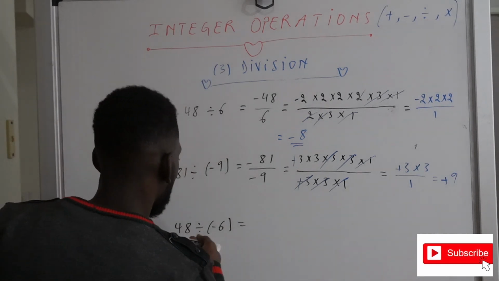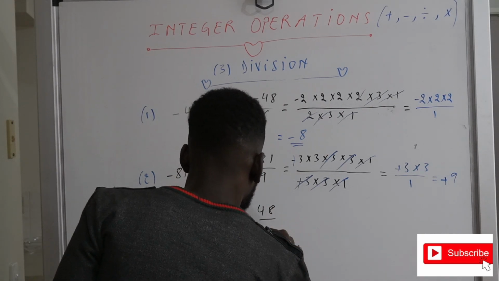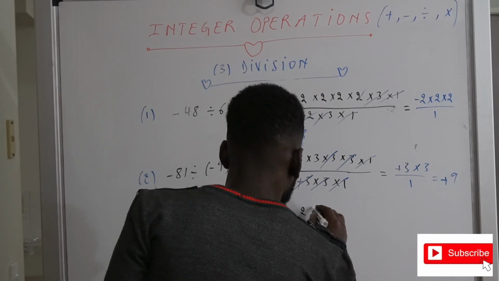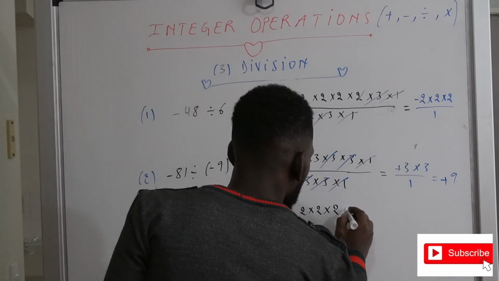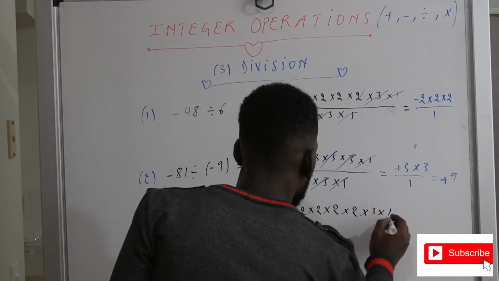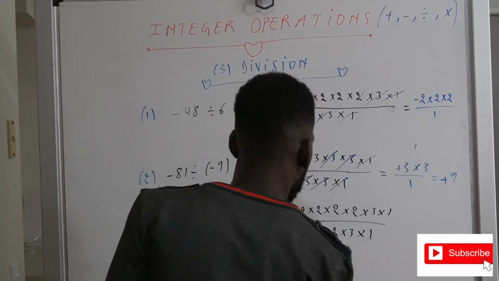The next one here is 48 divided by negative 6. So 48 divided by negative 6, which is the same as 2 times 2 times 2 times 2 times 3 times 1 over negative 2 times 3 times 1.